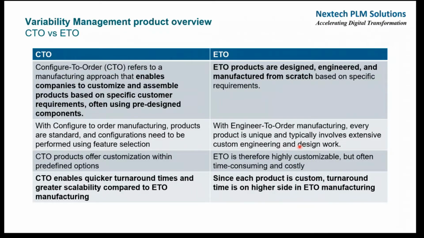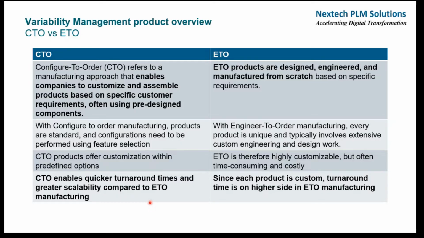Each customer will have their own requirement for that product. And this typically happens in process industries where they don't manufacture standard products as such. Their products are very specific to one customer.